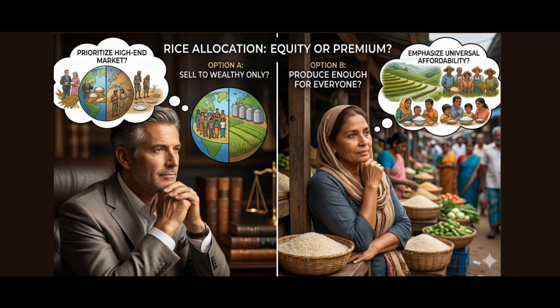The first one is contemplating producing only for the wealthy ones, while this one is thinking of producing enough for everyone. Producing only for the wealthy means prioritizing the high-end market, and producing for everyone emphasizes universal affordability, so that everybody can afford it, not just the wealthy ones.